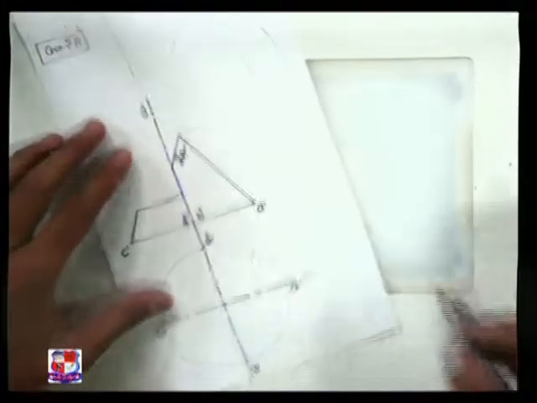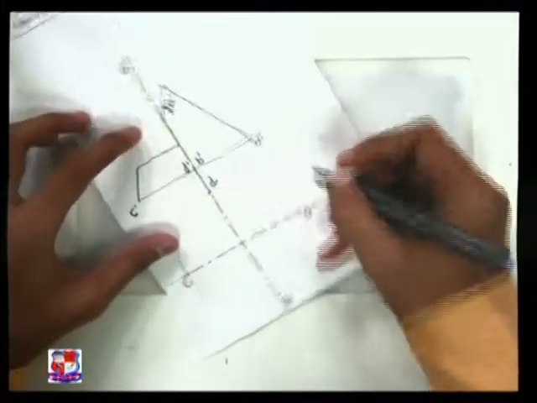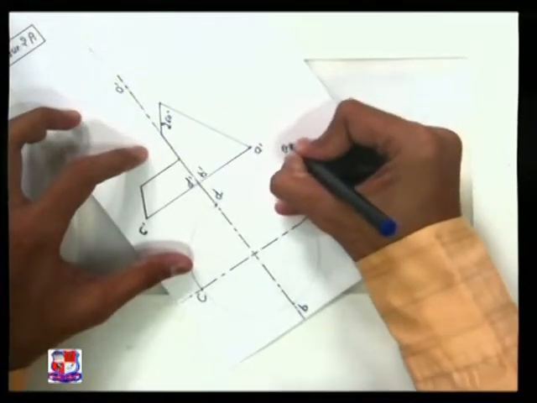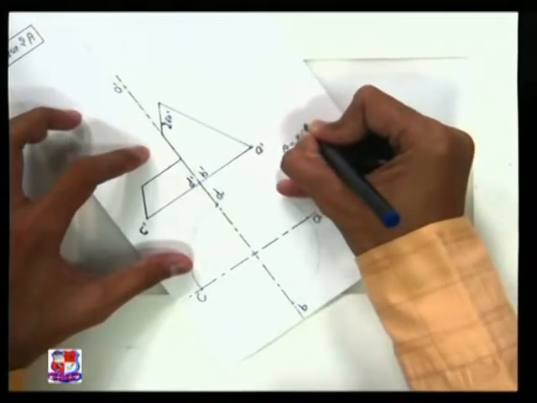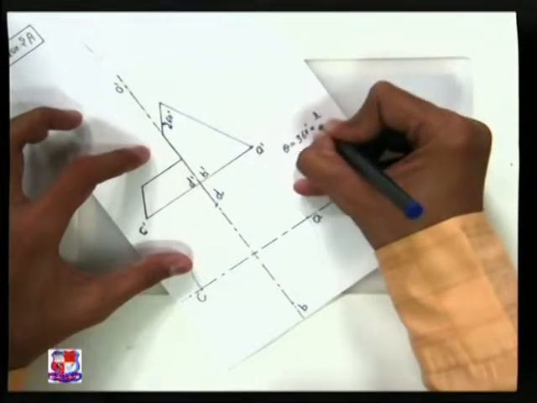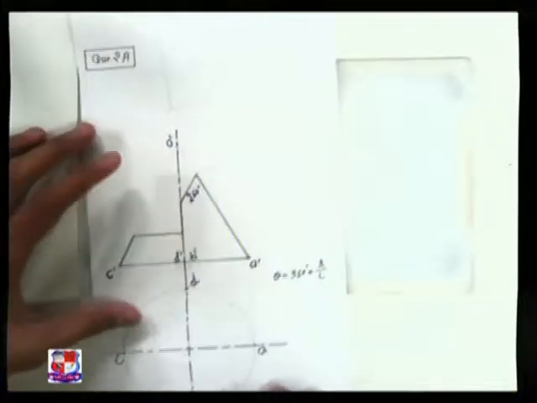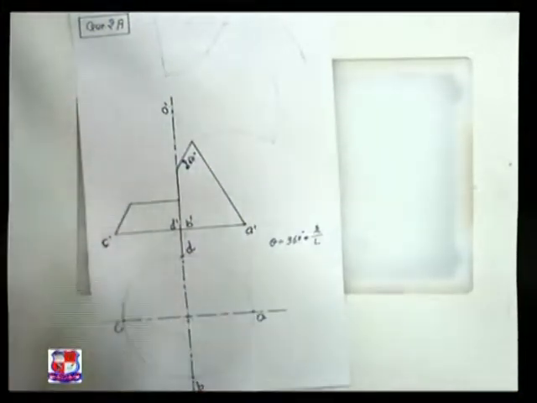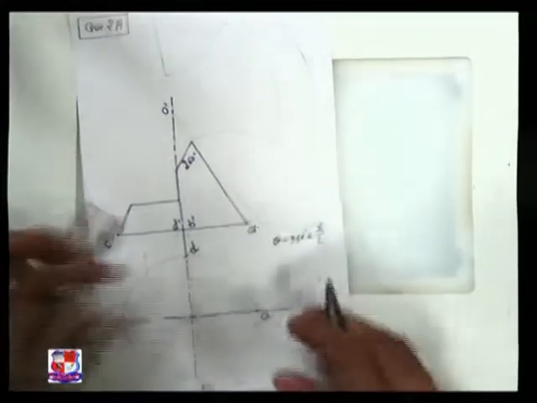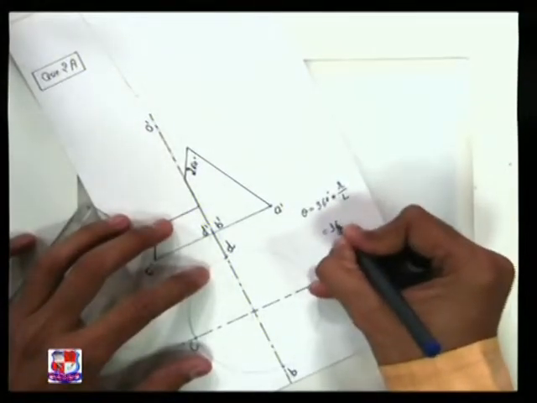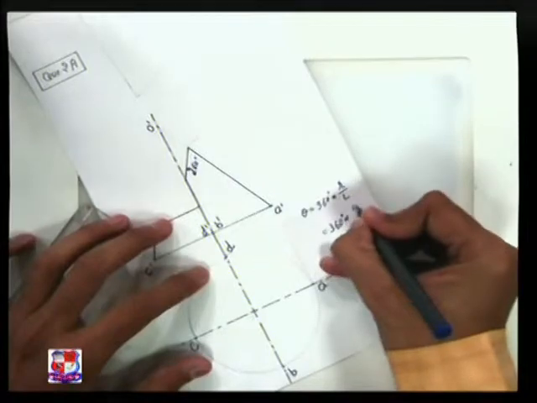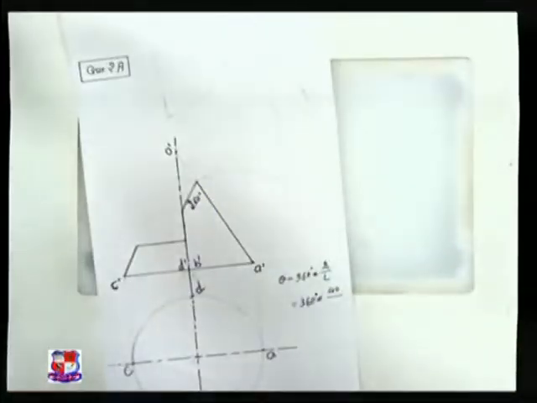Now the first step is to find the angle theta. We know the equation: theta is equal to 360 degrees into the radius of the circle upon the length of the slant edge. Here the radius of the circle is known to us, that is 40 mm. So this is equal to 360 degrees into 40 mm upon the length of the slant edge.